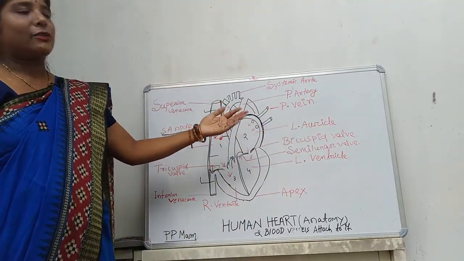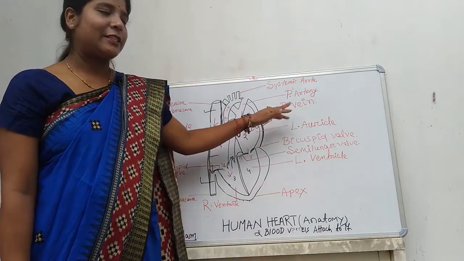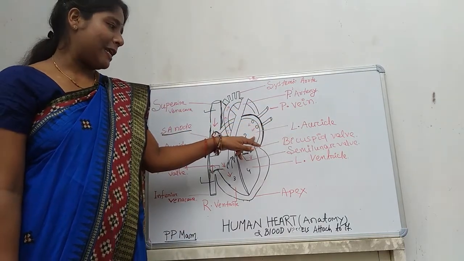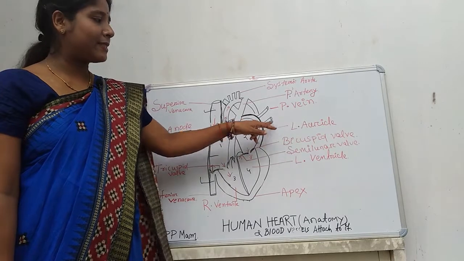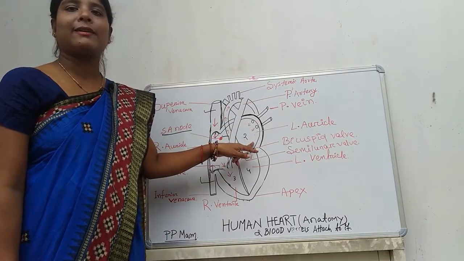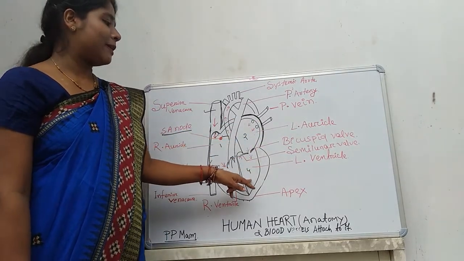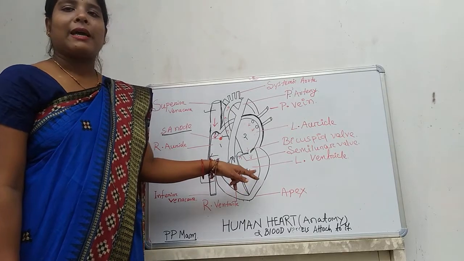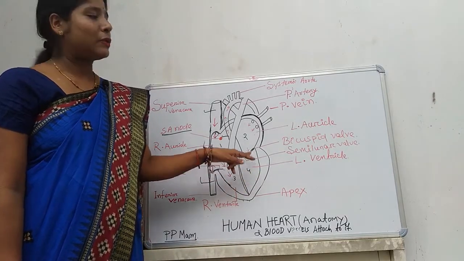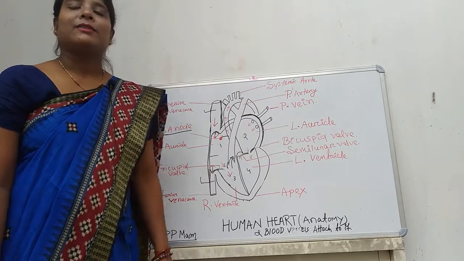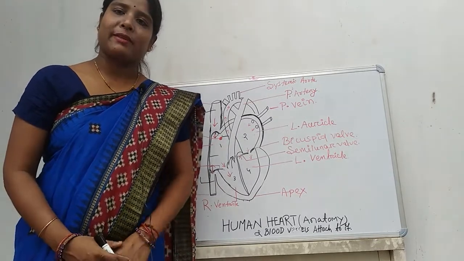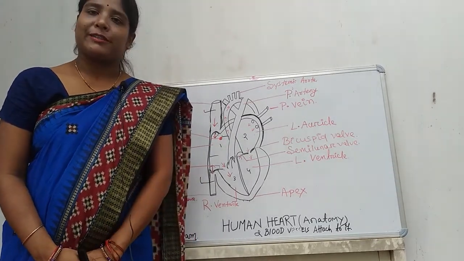From the lungs, the pulmonary veins, which are attached to the left auricle, bring the oxygenated blood to the heart. From the left auricle the blood goes to the left ventricle, and from the left ventricle through the systemic aorta the blood goes to all parts of the body for circulation.